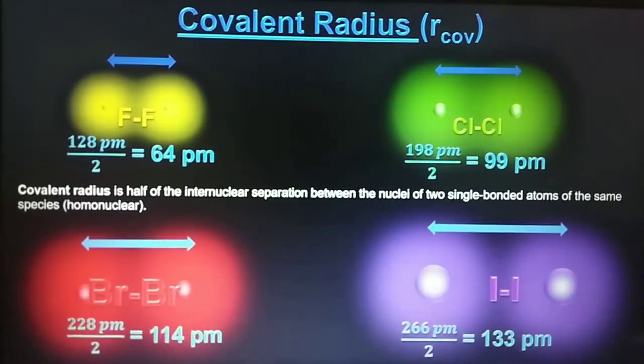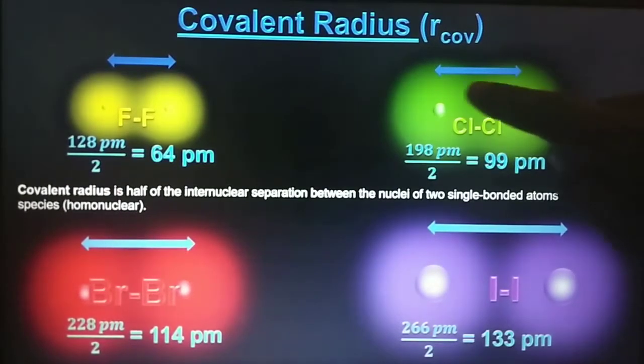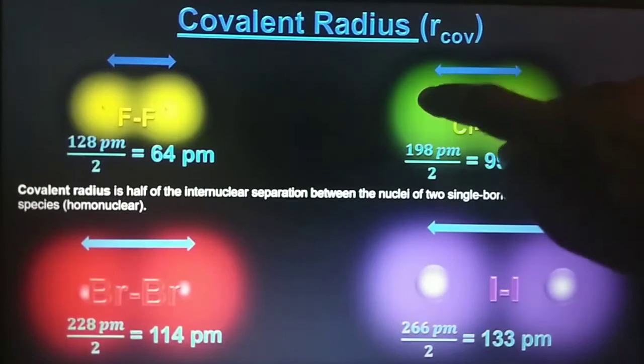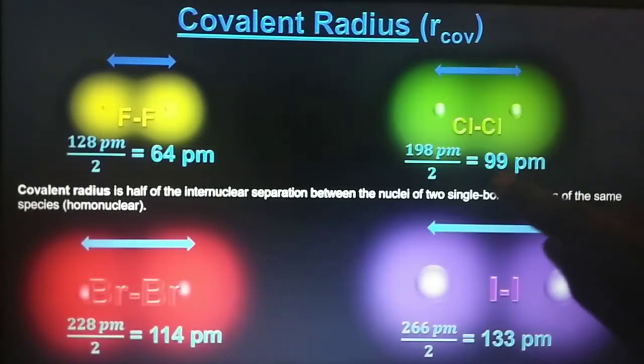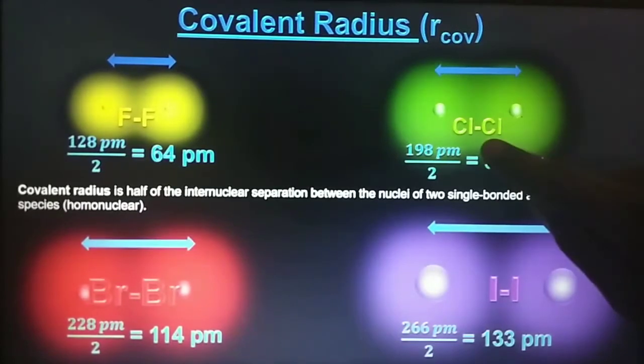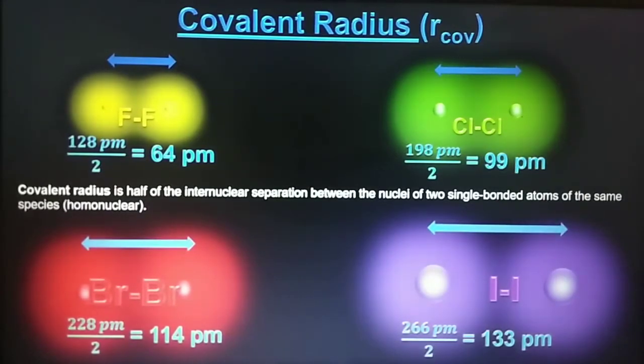That means the value of covalent radius will change when you change this partner atom. For example, when chlorine bonds to hydrogen, sodium, carbon and any other atom, then this 99 will definitely change, right?